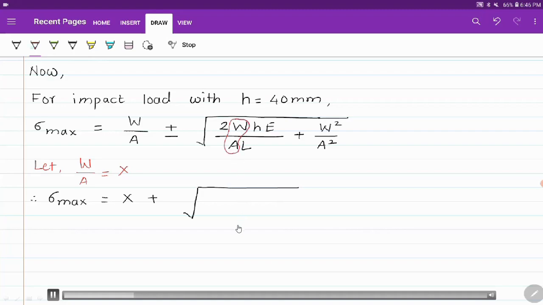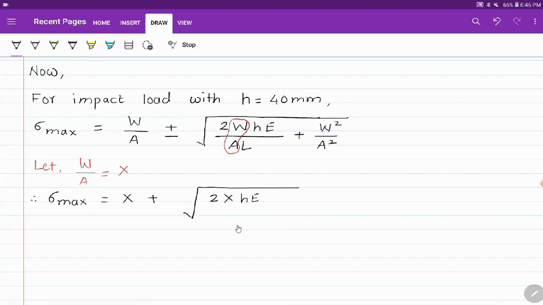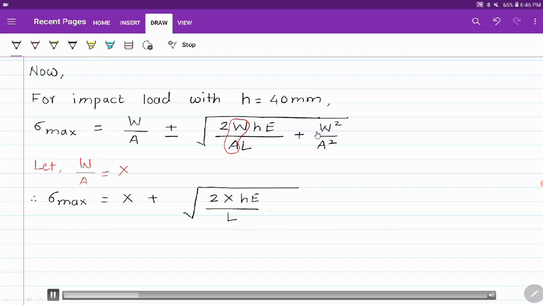Now this W upon A is X. So it is 2xhE upon L, and W upon A squared, so it is as good as x square, because W upon A is nothing but x that we have assumed.